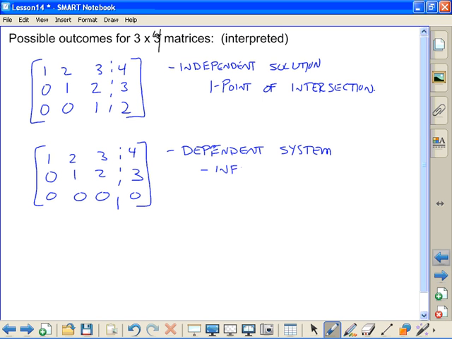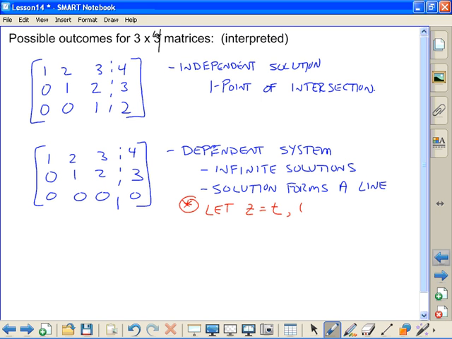Infinite solutions. And we might as well also mark that the solution forms a line. And as an extra note, this is when you let z equal t, where t is an element of real numbers, or any number that you pick.